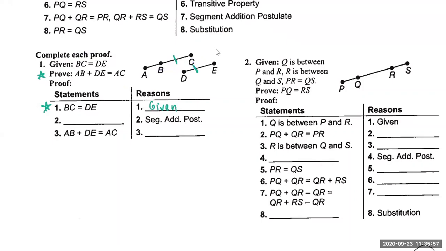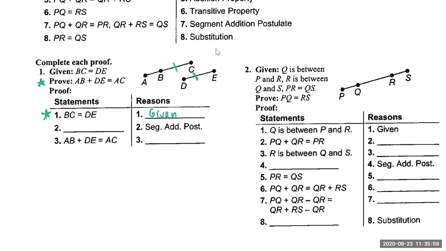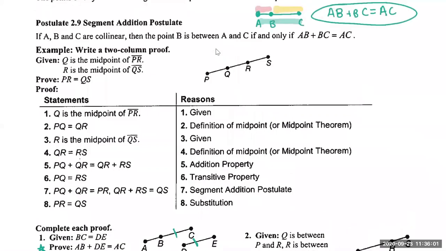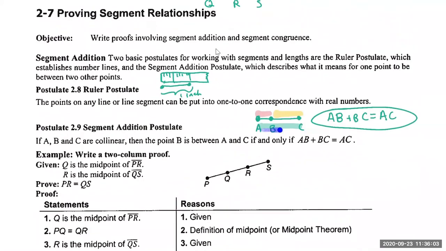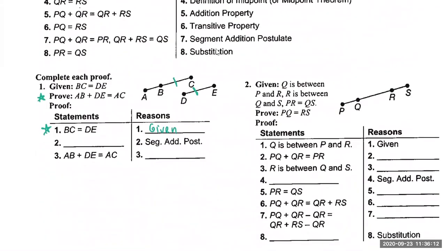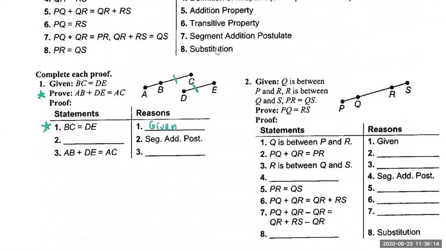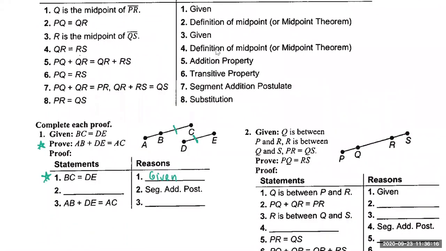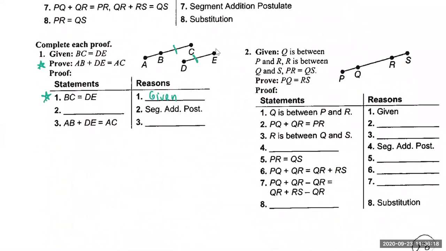All right, you guys, if you know that B is in between A and C, you know that this piece of it, the pink plus the yellow, is equal to that green. Okay, very good. Some of you have it. So in the segment addition postulate, you're trying to build up to the whole segment being AC.